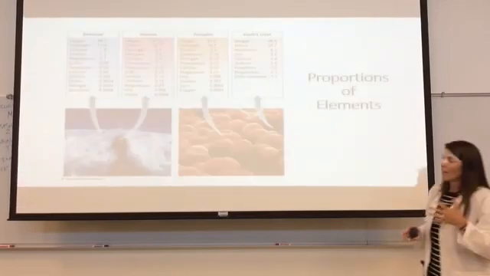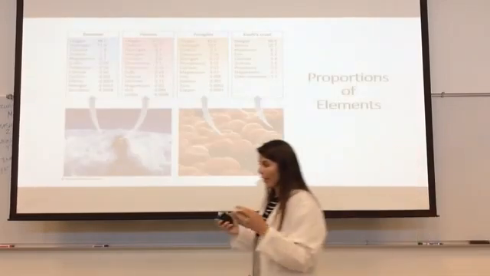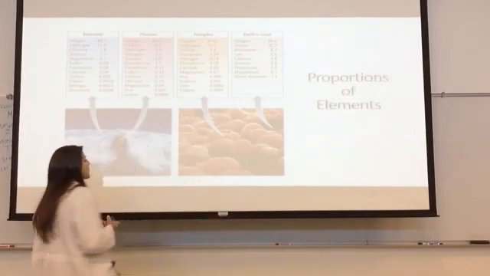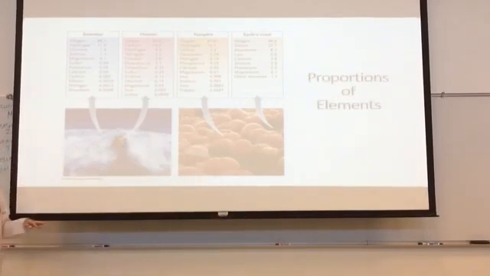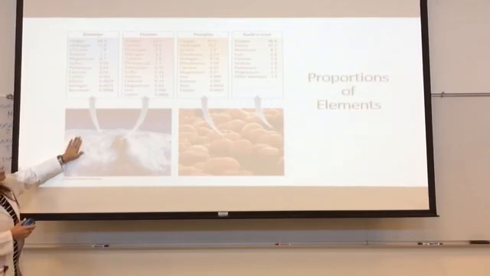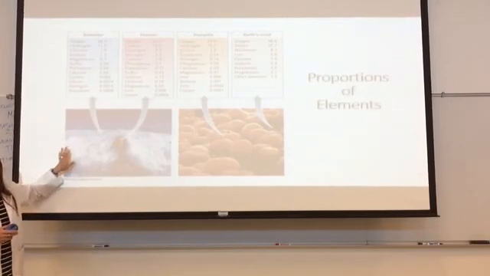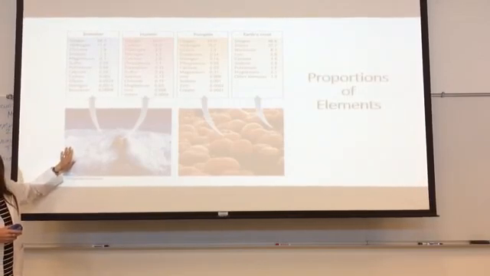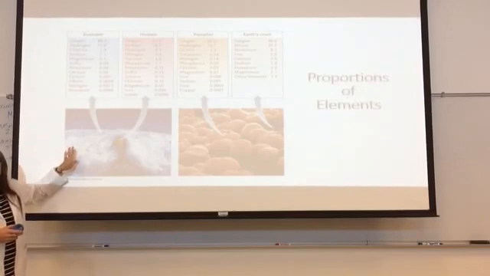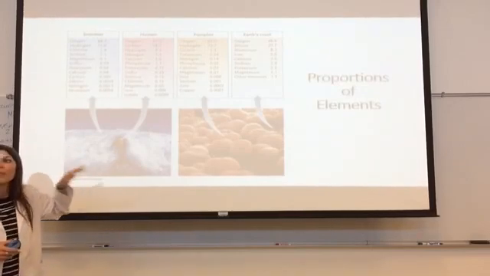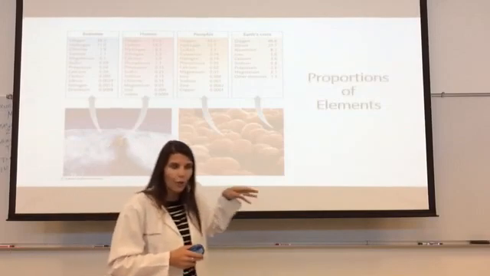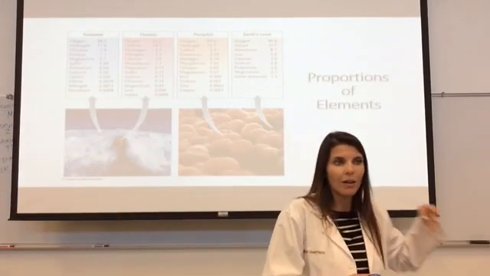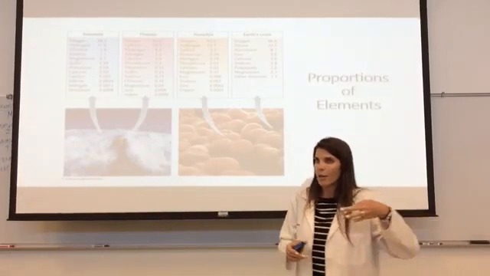So here is a diagram straight out of your textbook that compares different living and non-living aspects. Okay? When I look at seawater, living or non-living? It's non-living. Okay? If it were living, it would have what 4 elements in its highest abundance?